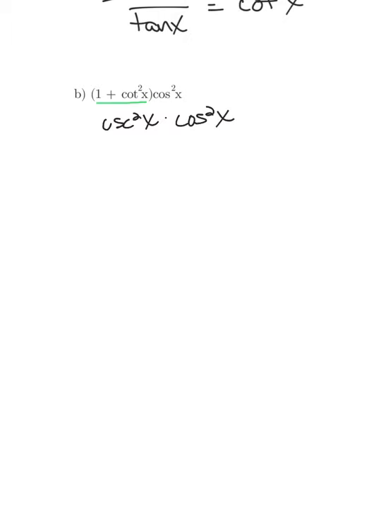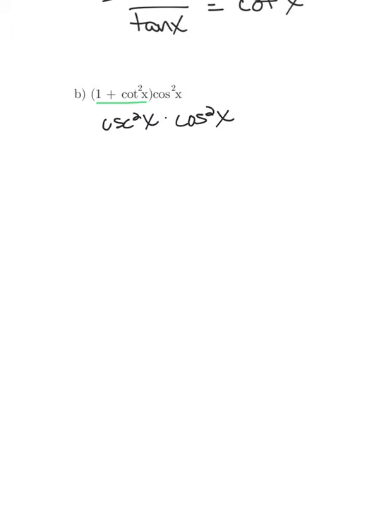So we are just replacing 1 plus cotangent squared of x with what we know it is equal to. At this point, we still have two different trig functions in our problem, so this is not as simplified as the directions want us to be.